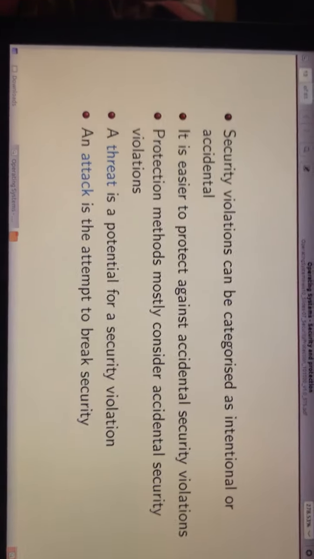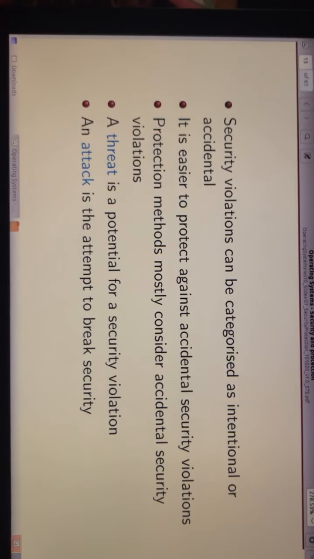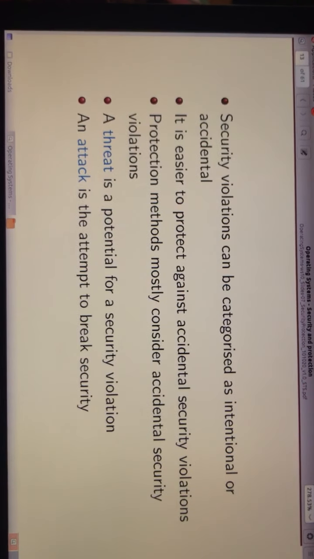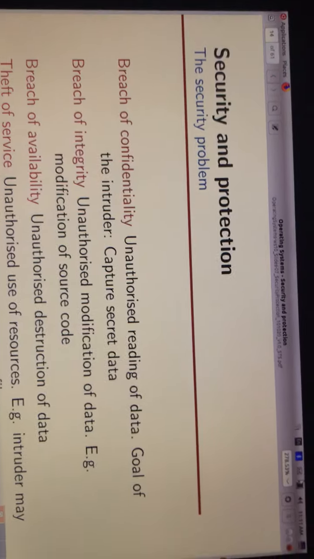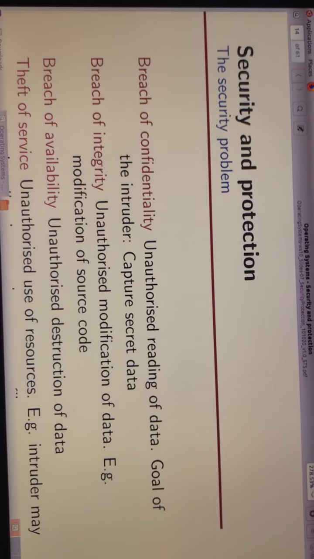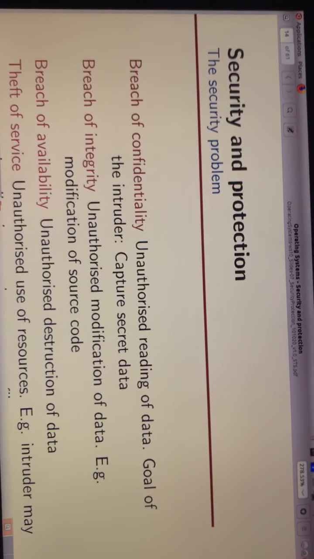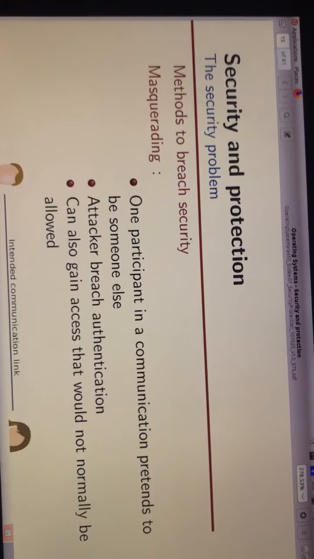Next we are moving to a main important section, that is called a threat. A threat is a potential for a security violation. What are the different types of threats? First, breach of confidentiality: unauthorized reading of data by unauthorized persons.